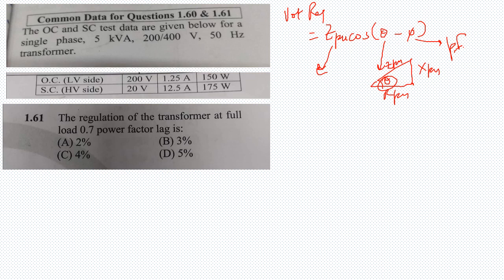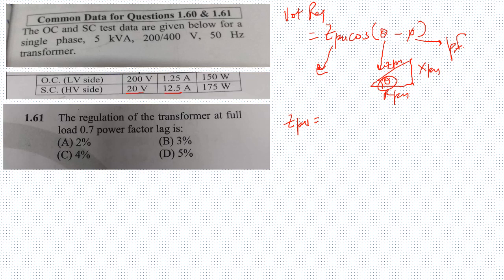So how to calculate Z per unit? In this expression you can see Z per unit is variable, also theta is variable. If we are able to find these two, then we can find the regulation of the transformer. How to find Z per unit? You can see here that the data for the short circuit test is given.